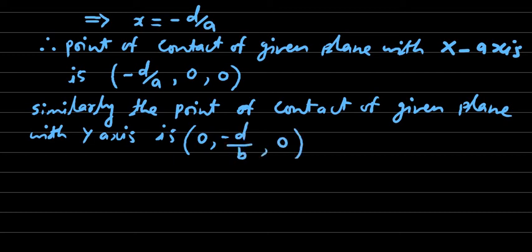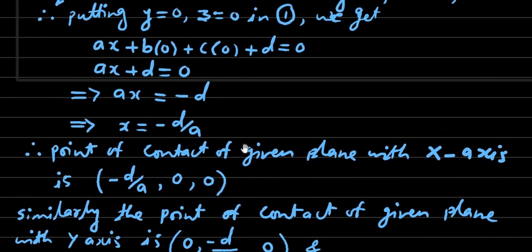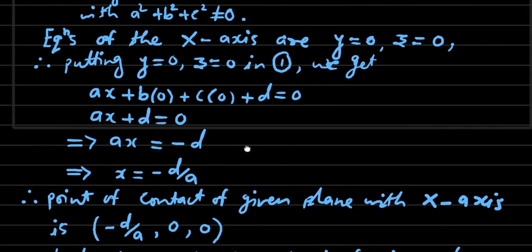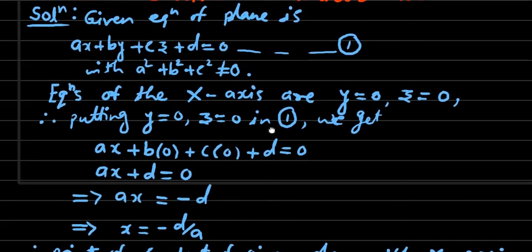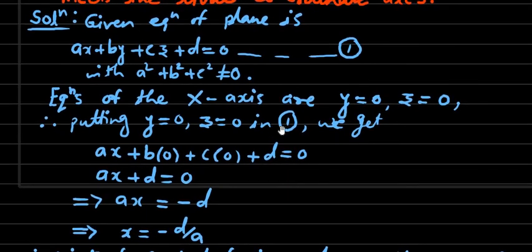This is the point of contact of the given plane with the y-axis. Now the point of contact with the z-axis. Again observe here: the equations of the z-axis are x equal to 0, y equal to 0, as every point on the z-axis has its x coordinate 0 as well as its y coordinate 0.